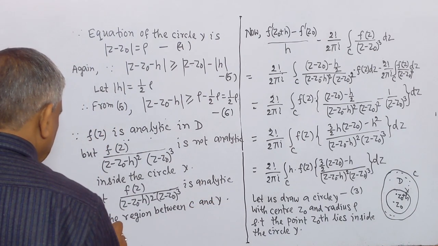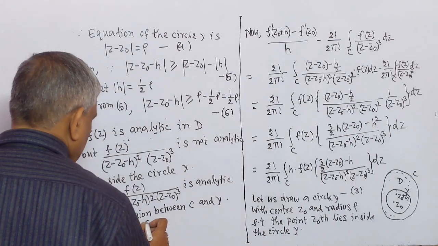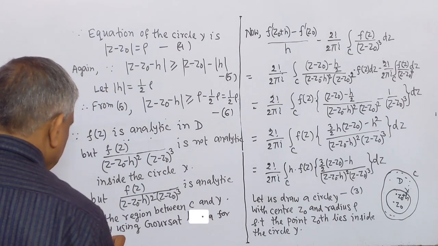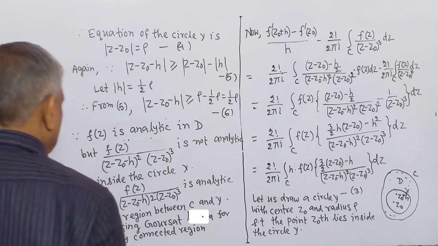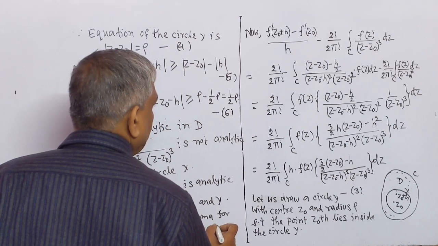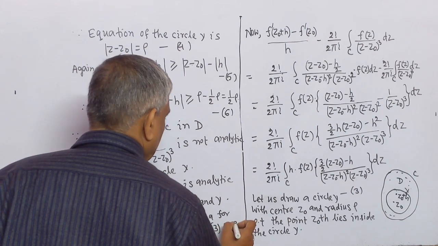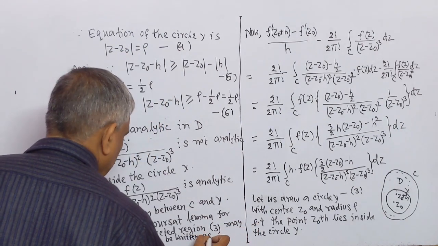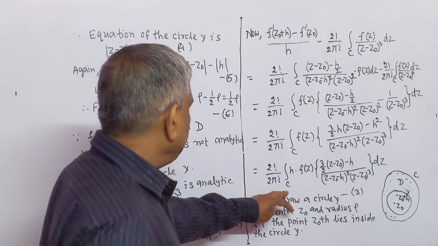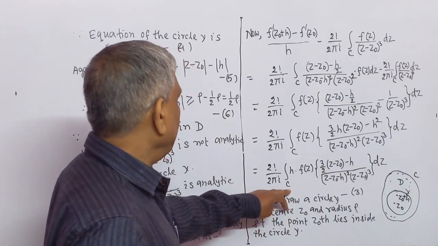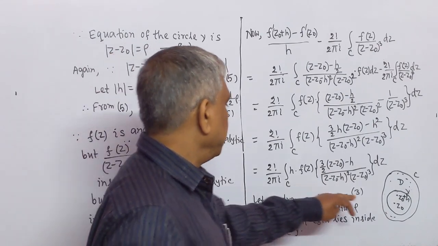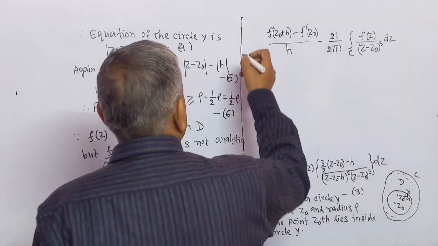Therefore, by using Gauss's doubly connected region theorem, 3 may be written as, here in place of C we may use gamma.